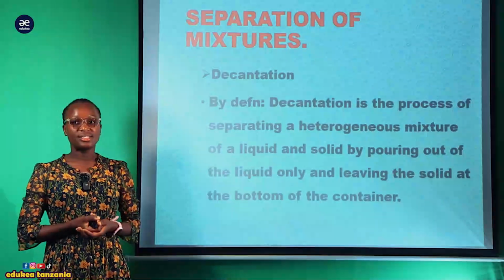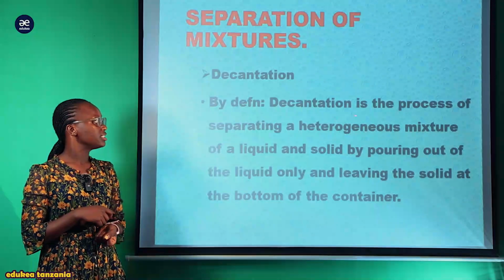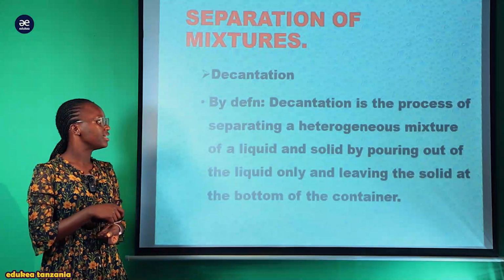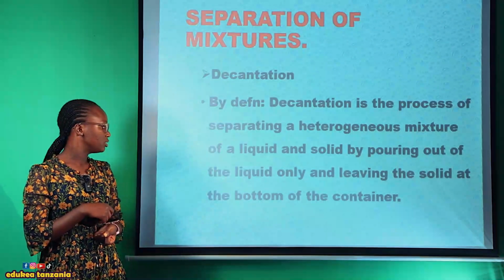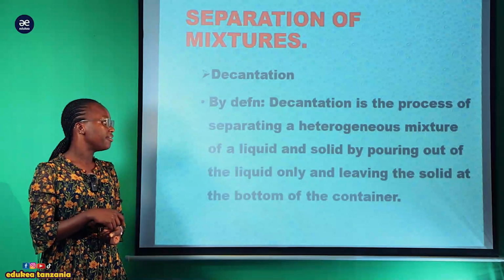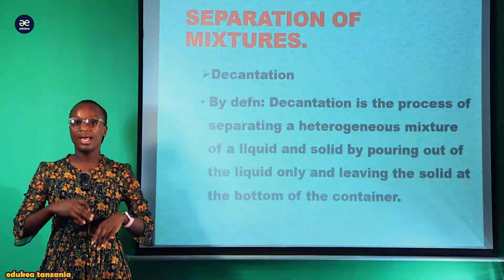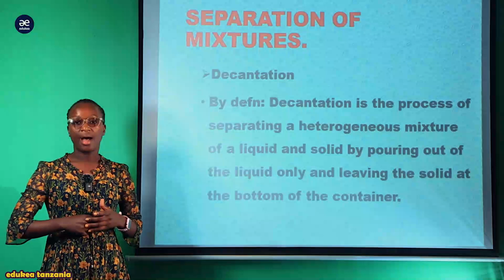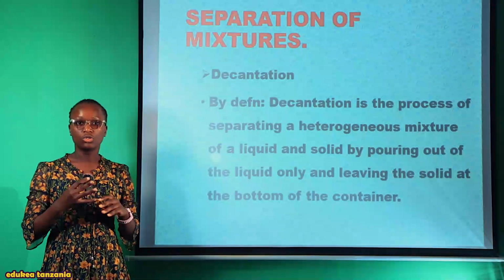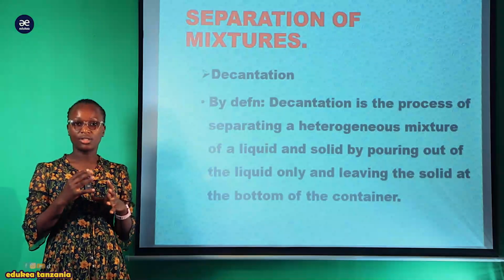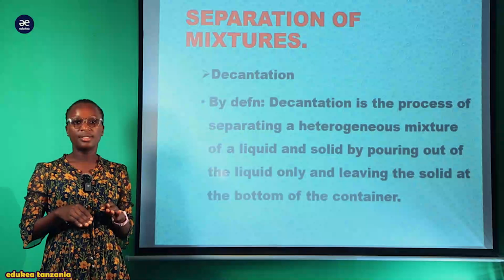By starting with the decantation method, when we talk about decantation here, it is the process of separating a heterogeneous mixture of a liquid and solid by pouring out the liquid only, leaving the solid at the bottom of the container. Kwamba hapa tunakuwa na heterogeneous mixture, ambayo ni mchanganyiko ambayo una consist more than two substances, and those substances are in different properties and composition.